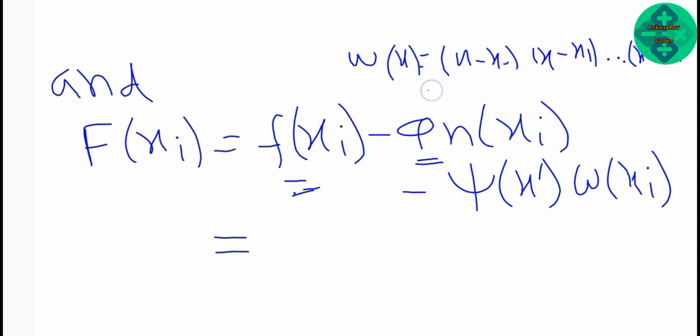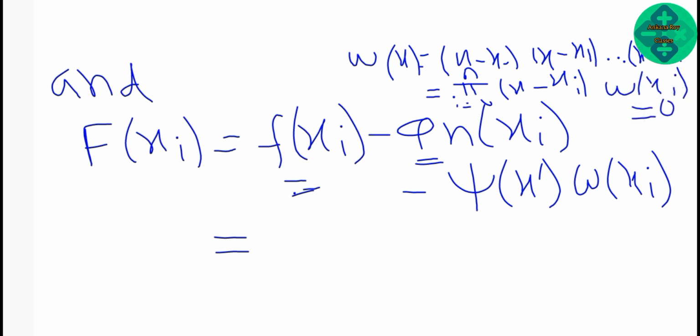That is, the product for i equal to 0 to n of (x minus xi). If we put x equal to xi, we get omega(xi) equal to 0 for all i equal to 0, 1, 2 up to n. That is, omega(xi) is equal to 0.